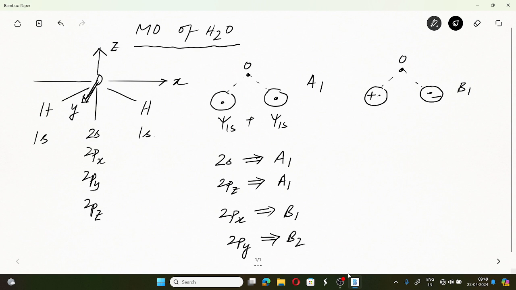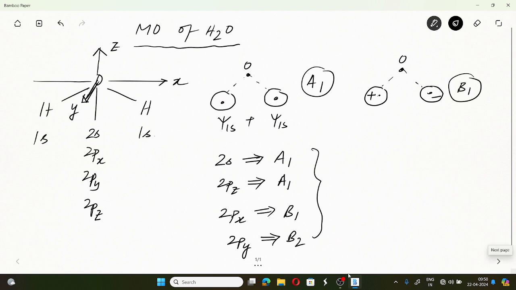So we have already discussed this portion. So A1, B1, we are using the symmetry notation to represent the orbitals. Now, using this idea, we want to construct the MO energy level diagram for the water molecule.